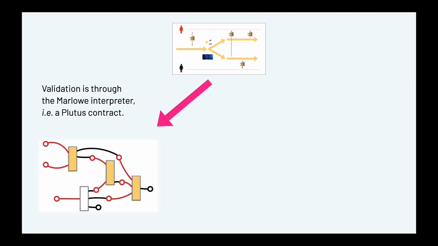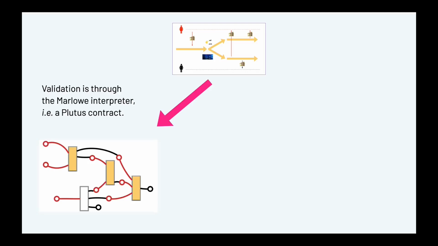We have a validation function, and what the validation function for these Marlowe transactions is, essentially, is a Marlowe interpreter. It checks that the transactions indeed conform to the steps of executing the Marlowe contract.